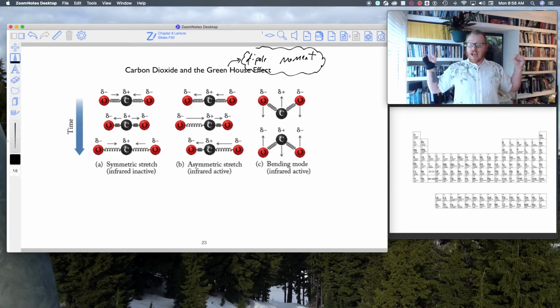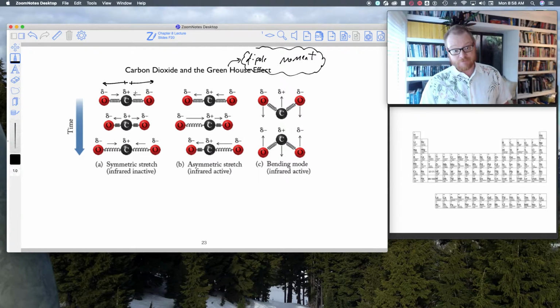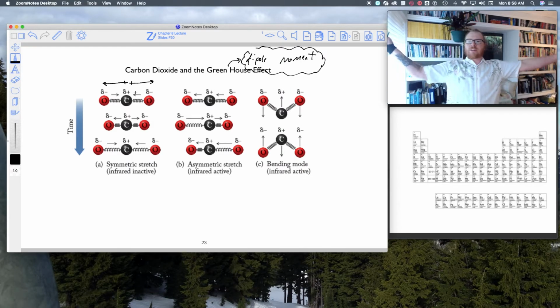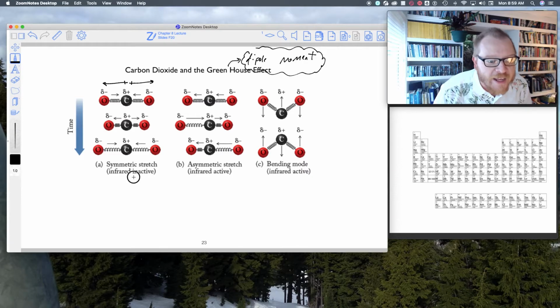Well, this doesn't give you a dipole moment, okay? If you look at this here, the way that this thing is lined up, both of these dipoles cancel each other. So carbon dioxide does not have a dipole moment at rest. And when it's undergoing this symmetric stretch, it doesn't have a dipole moment either. So that's why it's called infrared inactive.